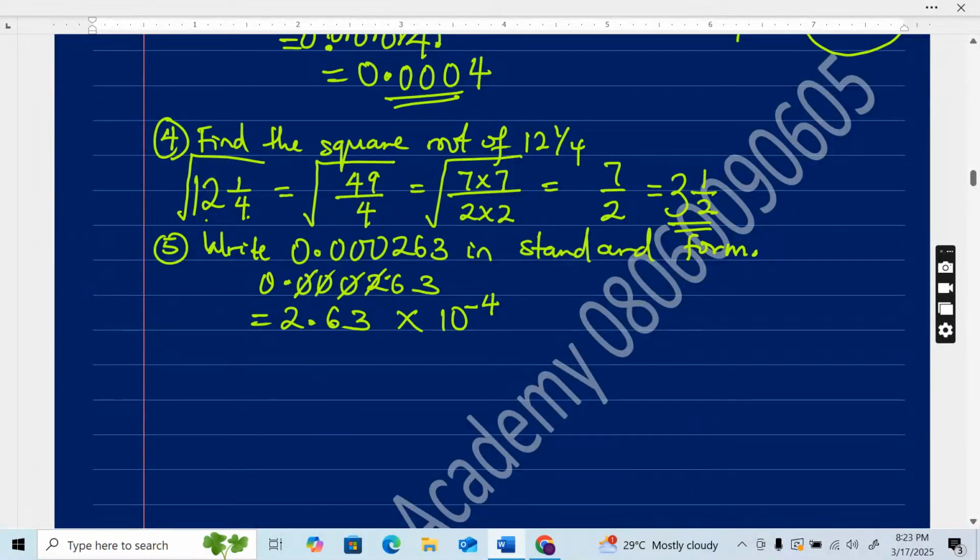We have 4 digits. Why are we putting minus? Because it is a decimal number. That's why we have it as minus 4. So it is 2.63 times 10 raised to power minus 4.